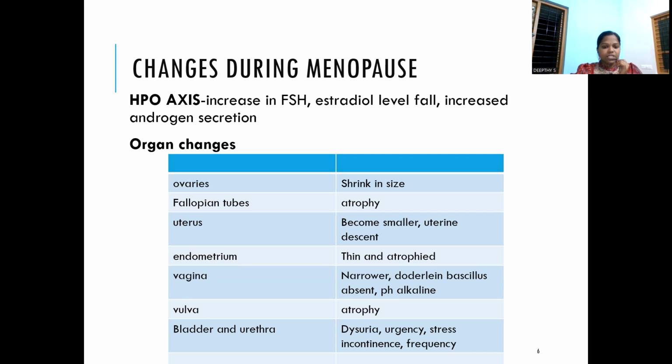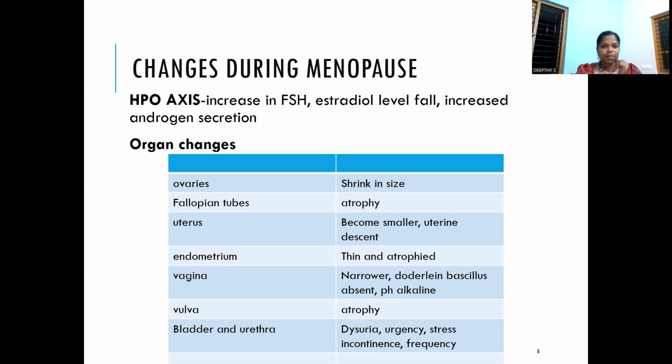And in the bladder and urethra, the symptoms or changes we can see are dysuria, urgency of micturition, then stress incontinence. Stress incontinence means during sneezing or during coughing, there is leakage of urine. Then frequency may be increased.